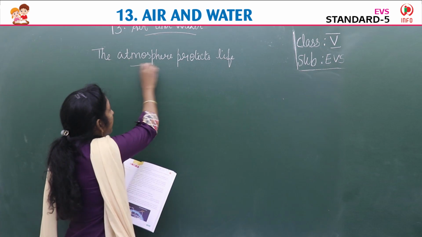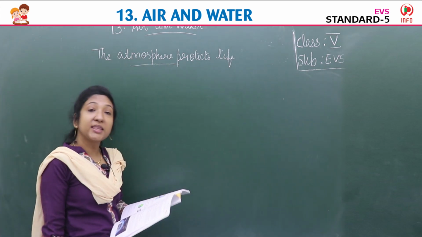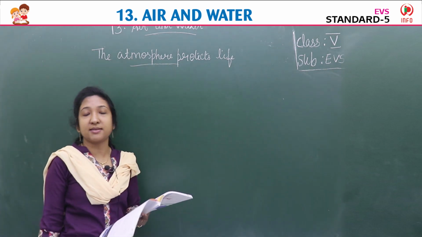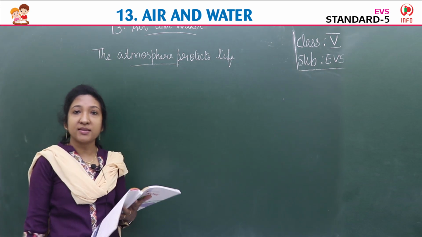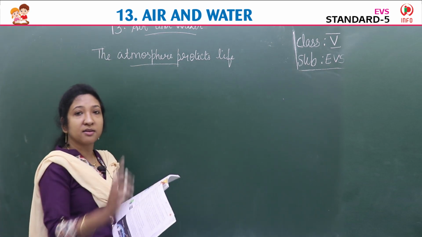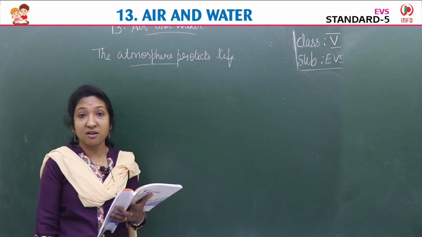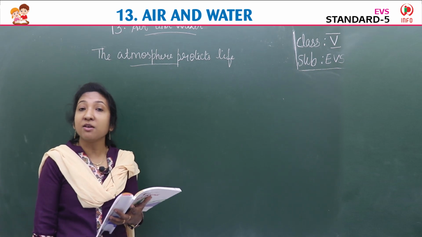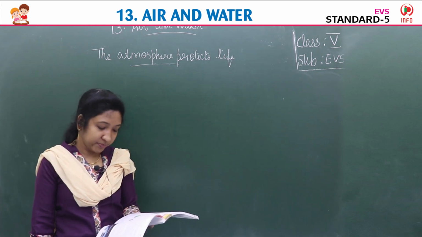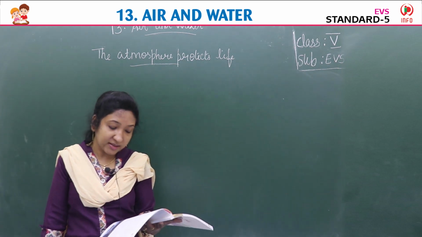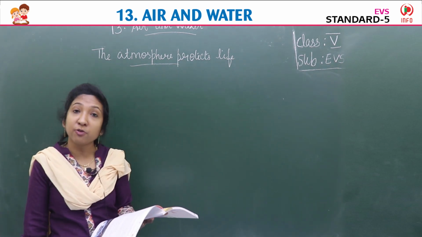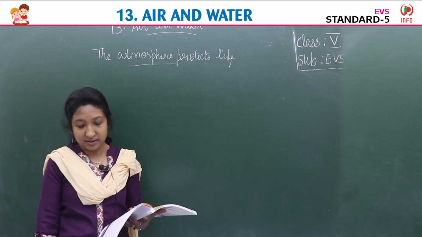The atmosphere provides oxygen for breathing to all living things. The atmosphere, the layer of air that surrounds the earth, is giving oxygen for all the living organisms on the earth. It also provides carbon dioxide to plants for making food for living things.